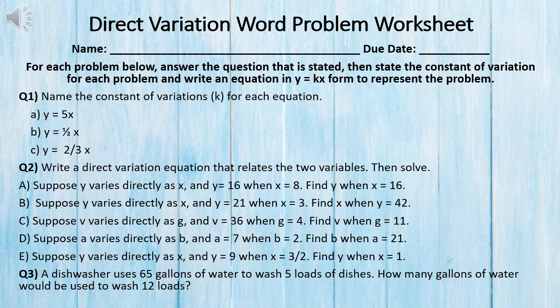You will first form the symbolic equation, y is equal to kx. We will first suppose what is x, what is y, then find the value of k. Then after that we will find how many gallons of water would be used to wash 12 loads. I hope you all understood what we have to do in this worksheet. I hope it will be easy for you all to solve the worksheet.